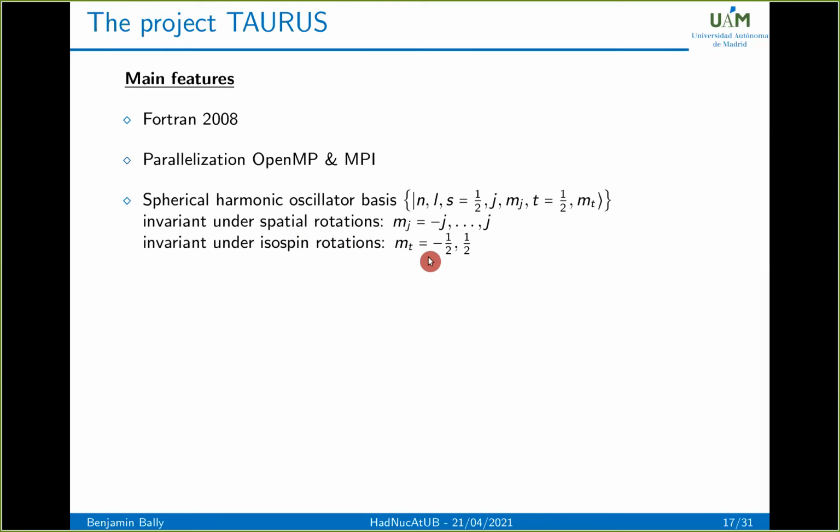That is, we consider the same levels for protons and neutrons. But apart from that, no model space is assumed. That is, you can perform a no-core calculation or a valence space calculation. You just feed basically the model space to your code, and it will perform the calculation.